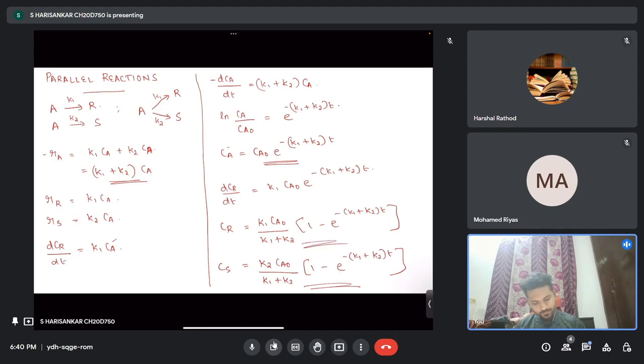So these will be the equations for Cr and Cs, and this will be the equation for Ca.